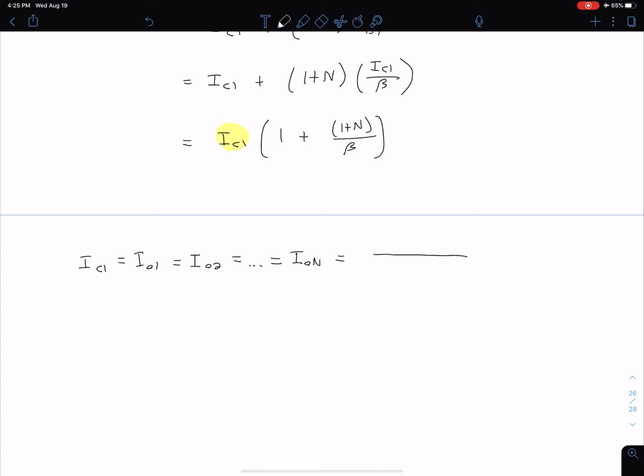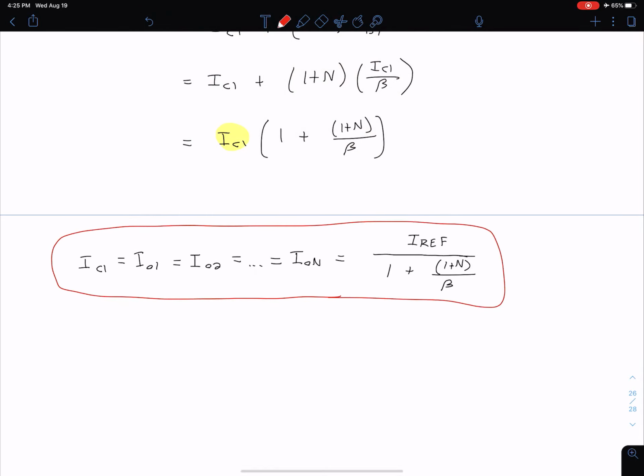And rearranging that equation, we see that's equal to IREF divided by 1 plus N divided by beta. That would be our expression relating our output currents to our reference current.